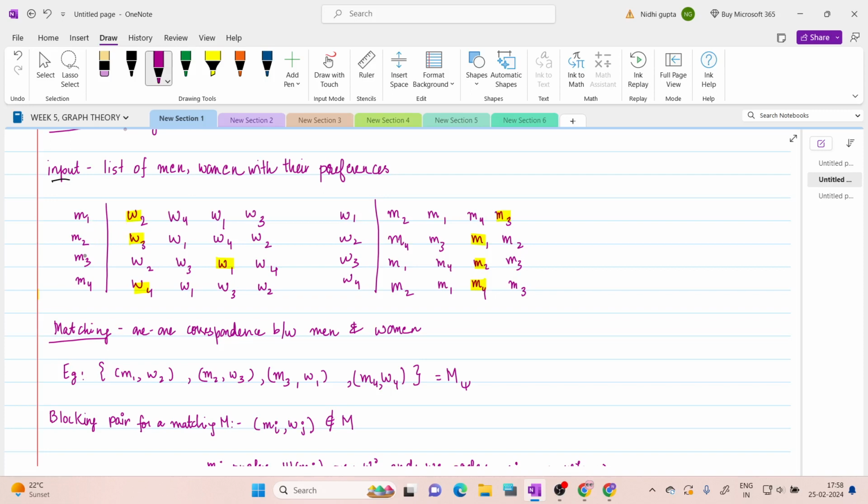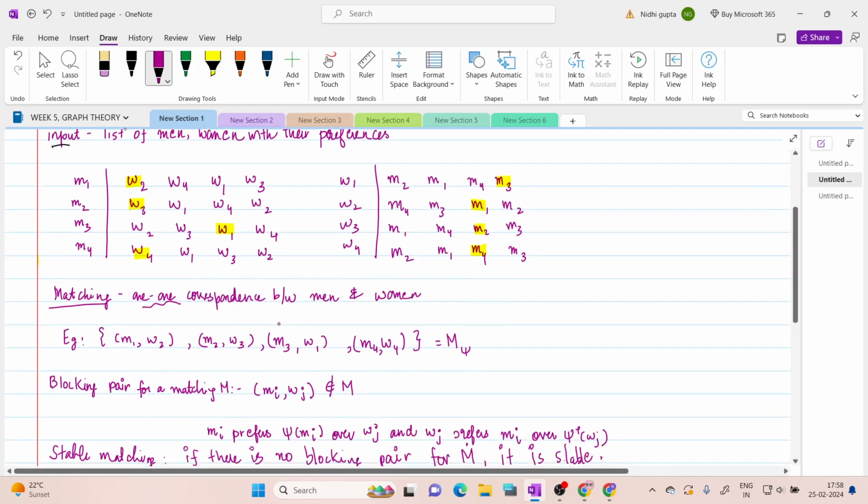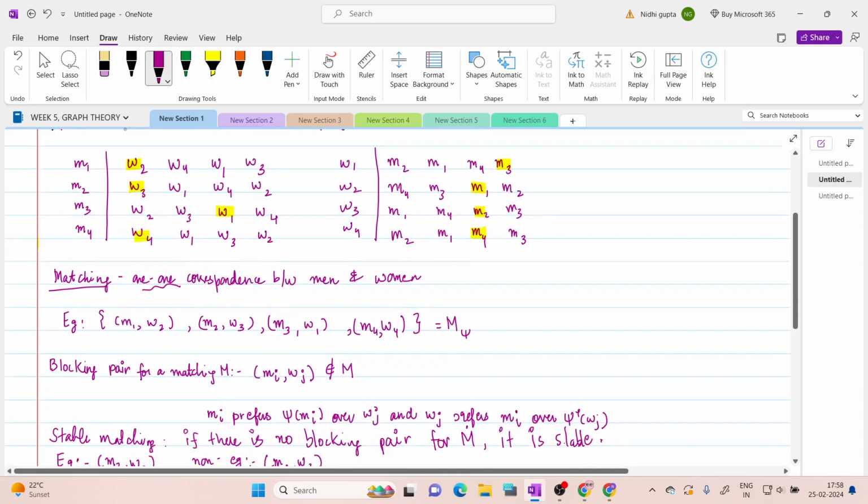That is, no two men can be assigned the same woman, and every woman should be assigned to some man. That is what is called the 1-1 correspondence. One of the examples, and what is a blocking pair?